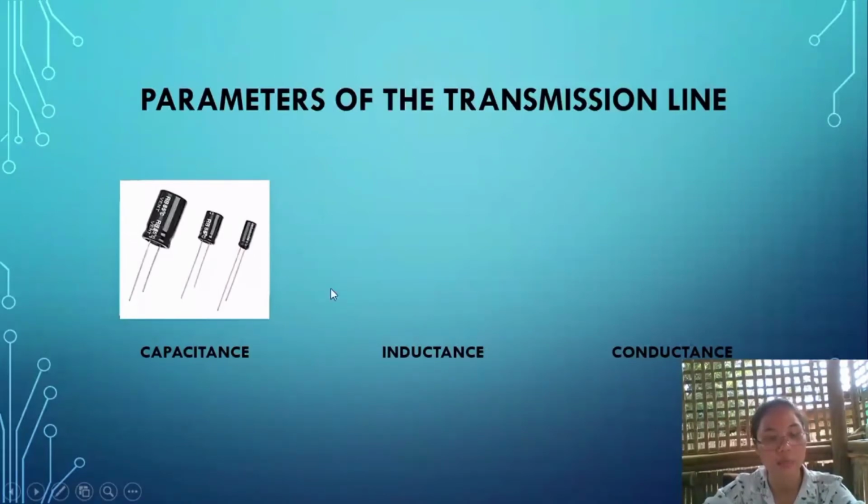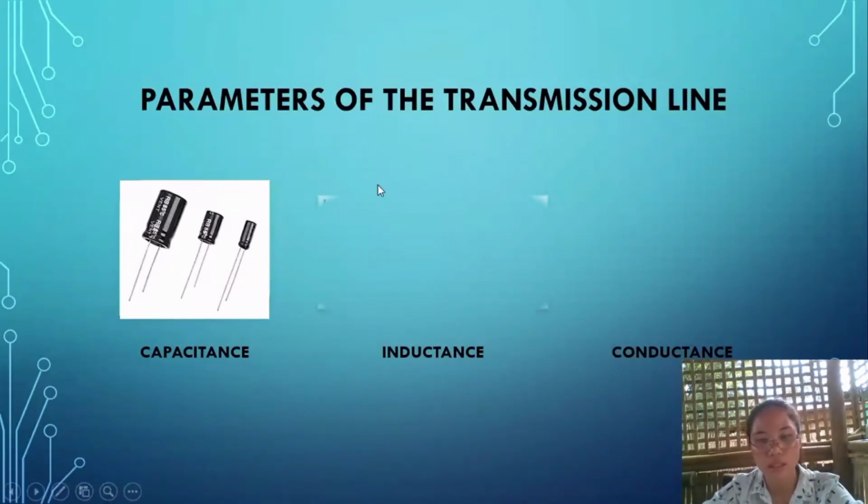Thus, it has some capacitance which is also distributed uniformly over its length. So capacitance is measured in farads per unit length of the conductor.